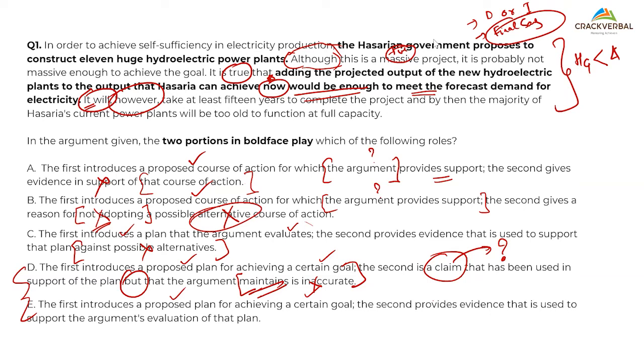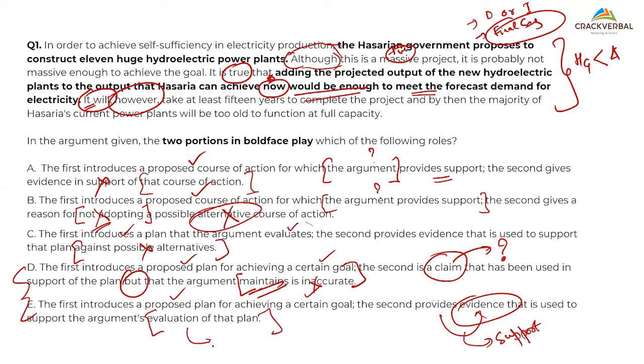There can be quantifiable factors to it, right? Now, if you notice option E, I have not written that it is data. Have I written it is data? No. I am just saying it is providing evidence. When you're providing evidence, basically what are you doing? You are supporting. You are providing evidence that is used to support the author's evaluation of that plan.